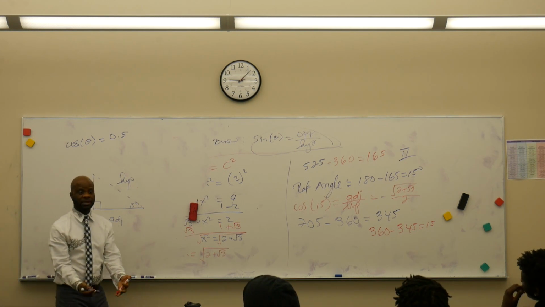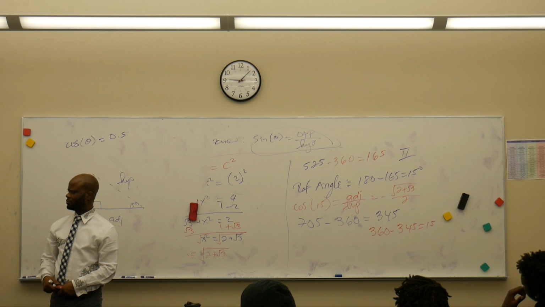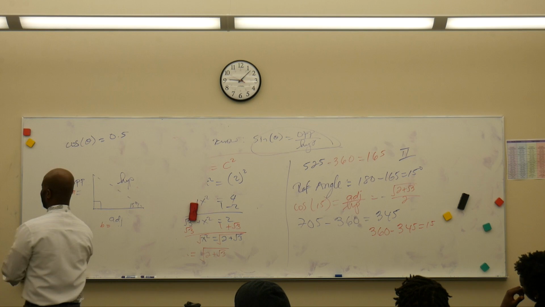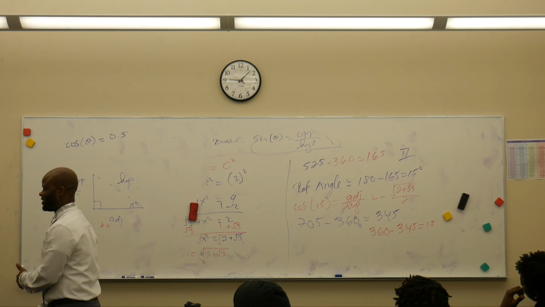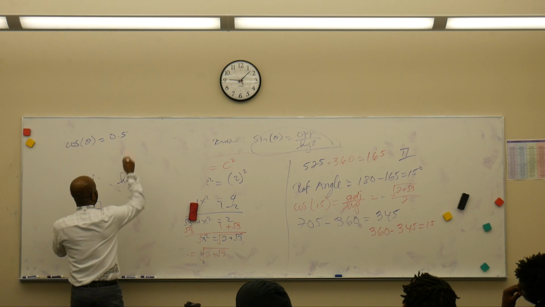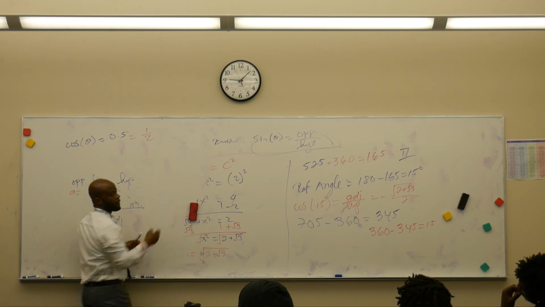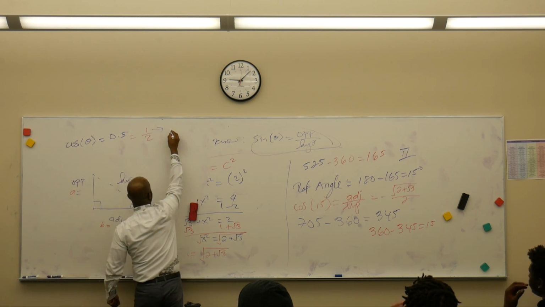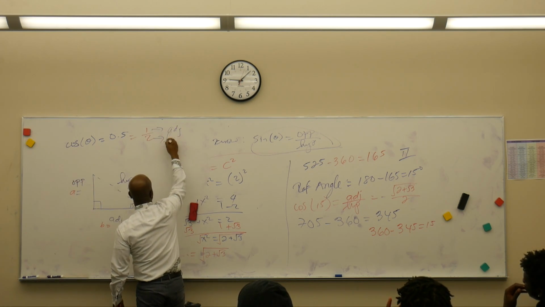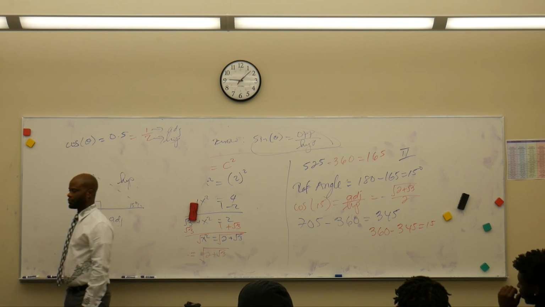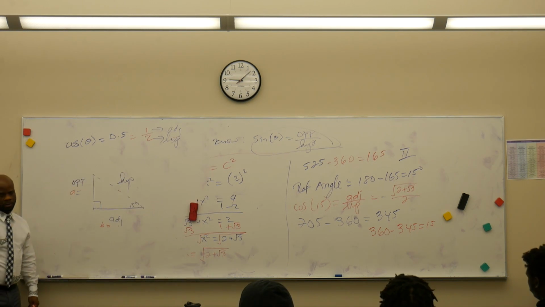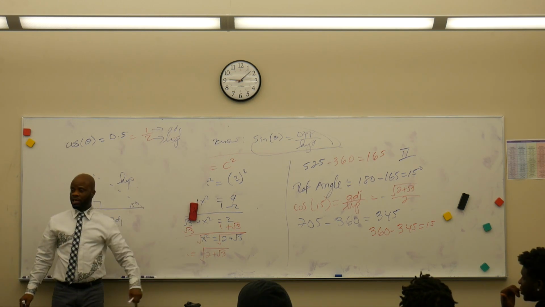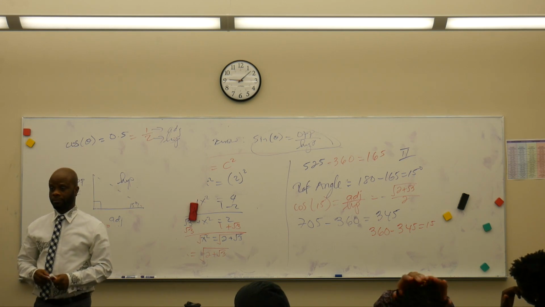Because it's the CAH in SOHCAHTOA. So what's the adjacent? 1. Okay, what's the hypotenuse? How'd you get that? Yeah, he wrote this as a fraction, because that's what 1.5 is. And then this becomes your adjacent, and this becomes your hypotenuse. See that? Now we're going to find opposite using a squared plus b squared is equal to c squared.